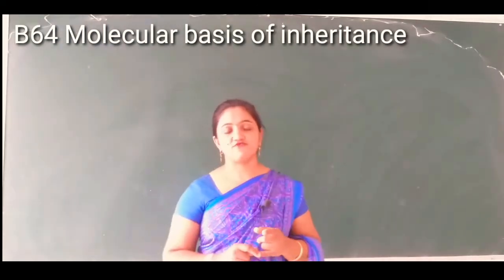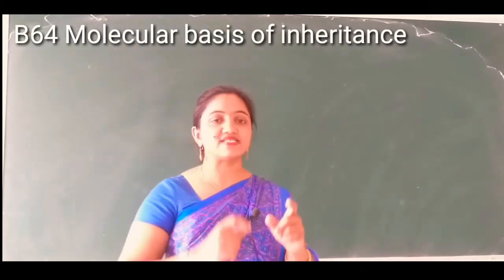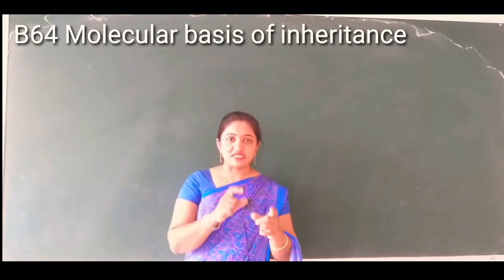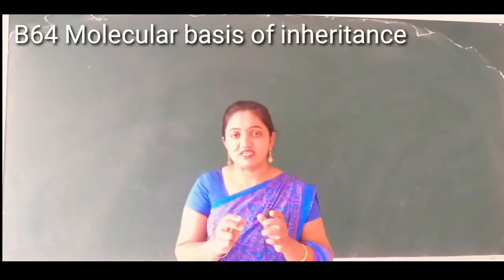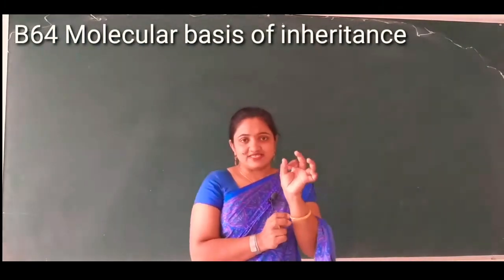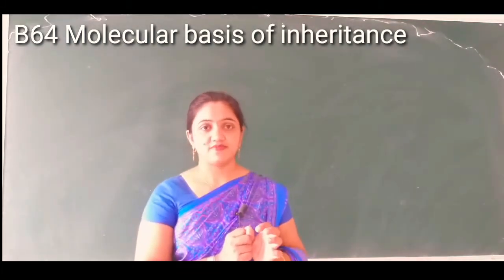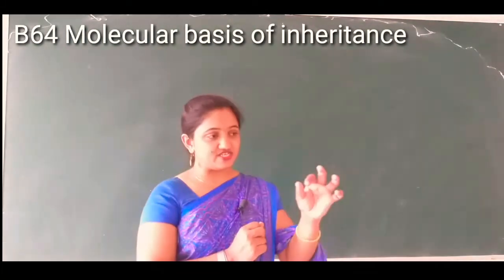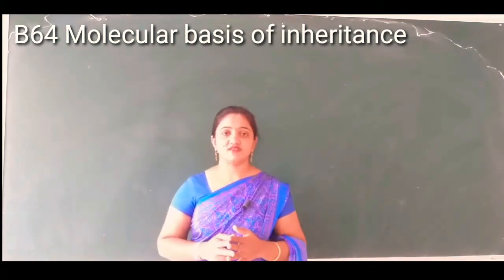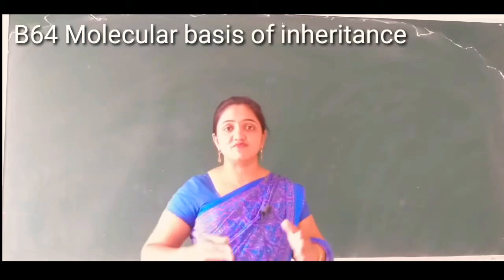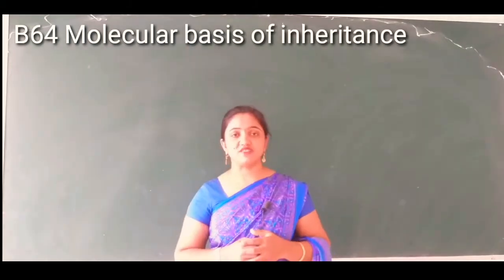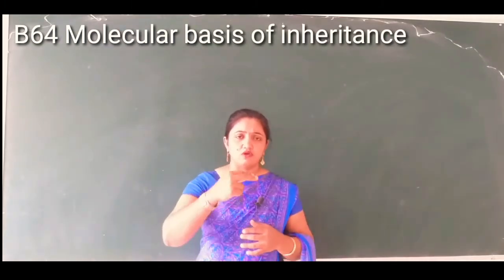That sequence of bases in DNA makes up the genetic material. The genetic material we studied in the previous sessions, the gene, is just a fragment of DNA. It means the gene itself has the base sequences. What base sequences? Nitrogen base sequences. How many nitrogen bases are present? Four.